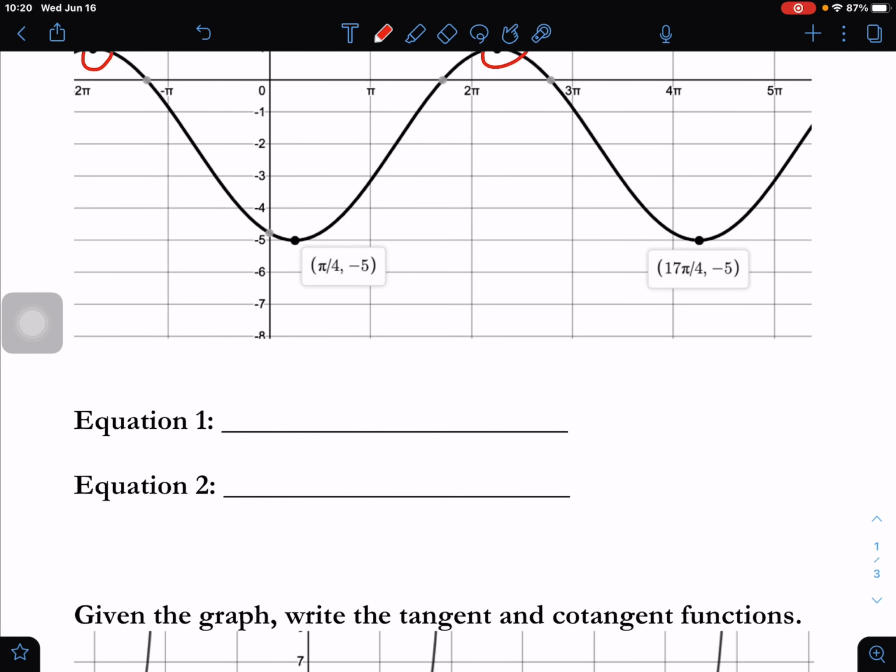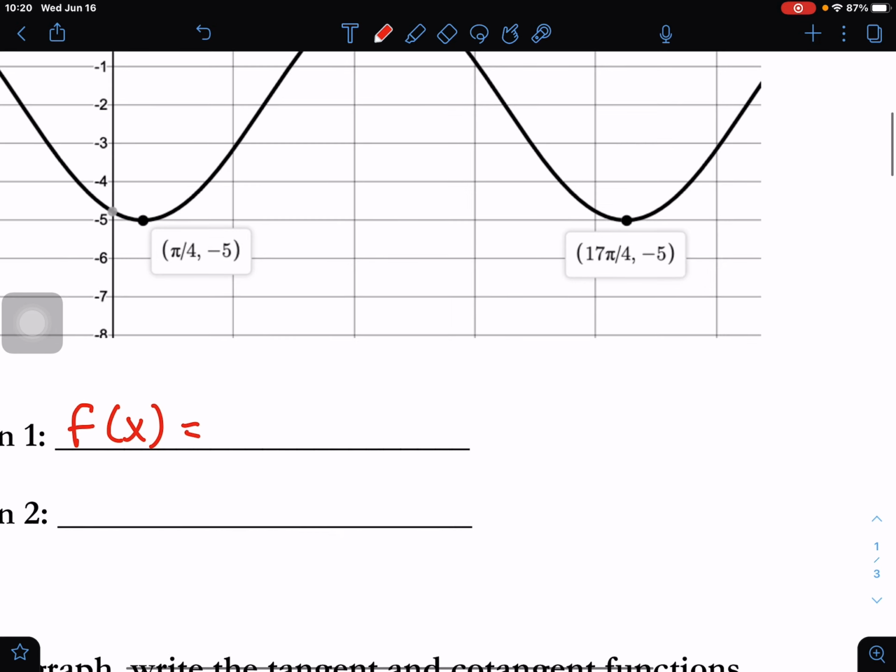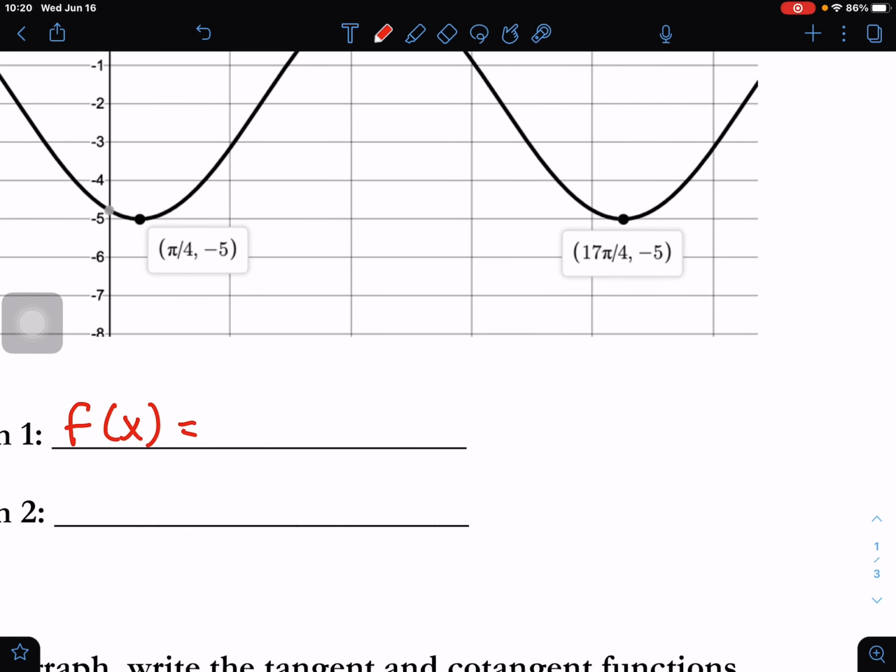So let's first write the sine function. So this would be f of x is equal to, so let's just write out the variables. So a sine of bx. I don't remember if these are the exact variables, but I'm just gonna write how I remember it.